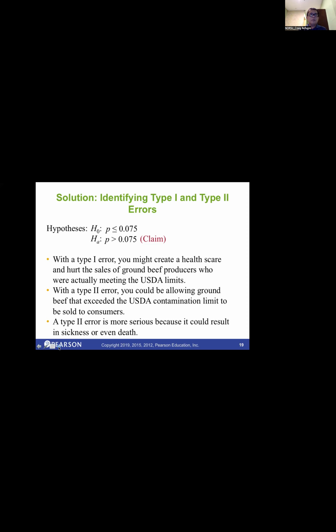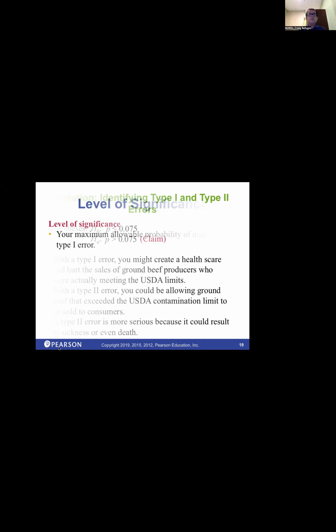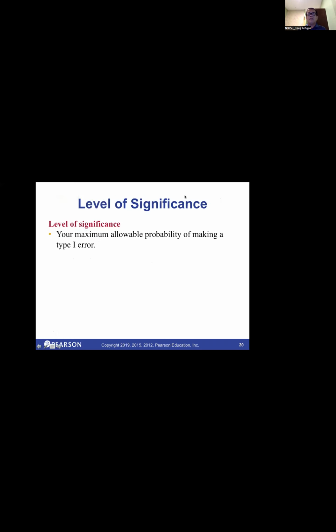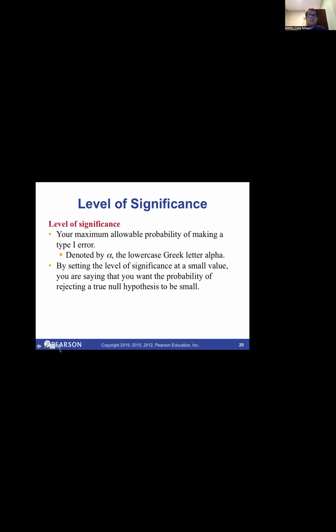Okay, so let's go to level of significance. Level of significance is very common in all types of research. Maybe you have read a thesis already, or in your undergraduate level you have taken research methods and written a thesis, and there is what we call level of significance or significance level.